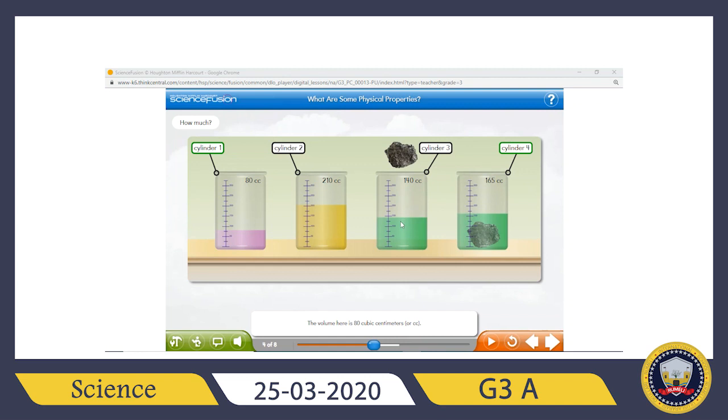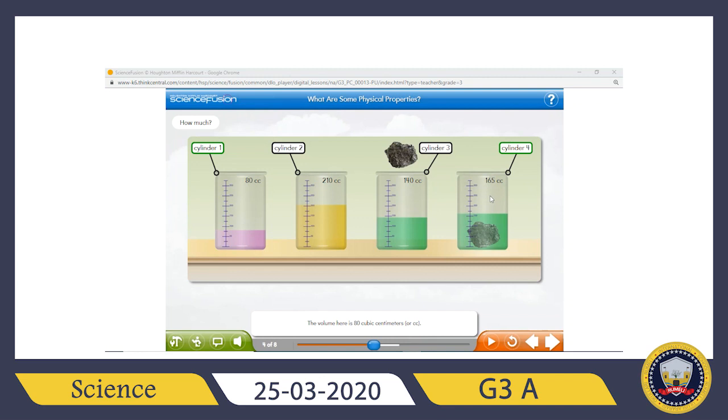You can see that the level of the water has risen to 165 milliliters. So the water level went up by 25 milliliters, right? It was 140 milliliters, but after you throw the stone inside the water, it rises to 165. So the water level went up by 25 milliliters.